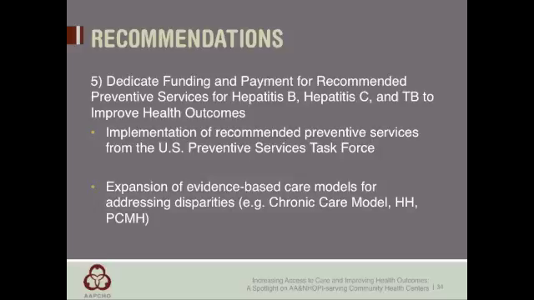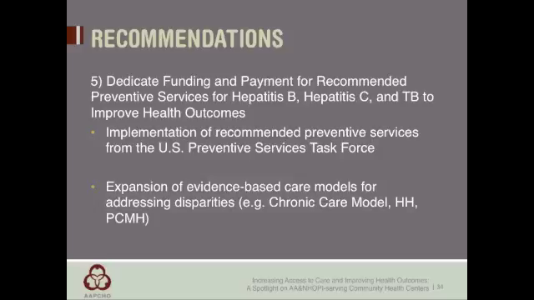So the fifth recommendation is to dedicate funding and payment for recommended preventative services for Hep B, Hep C, and tuberculosis to improve health outcomes. As Twin had presented earlier, the rates for Hep B, Hep C, tuberculosis, asthma, diabetes, and more health issues are much higher for NHOPI serving health centers than for the health center population at large.